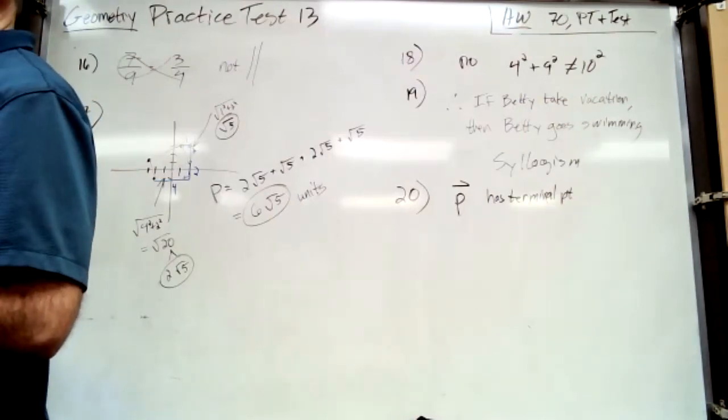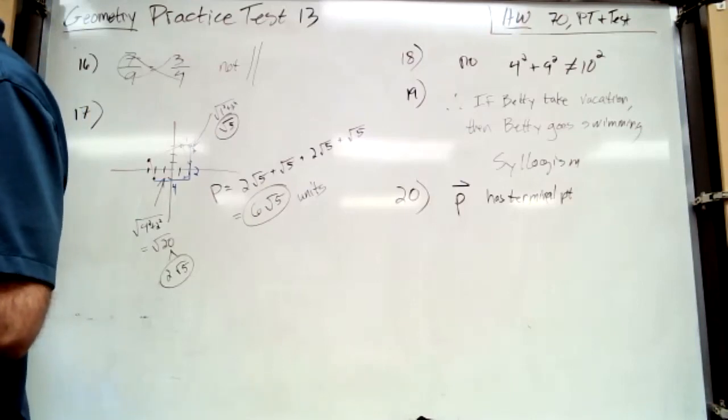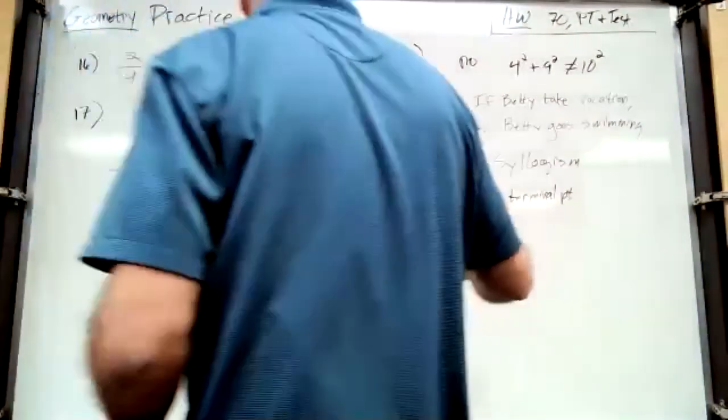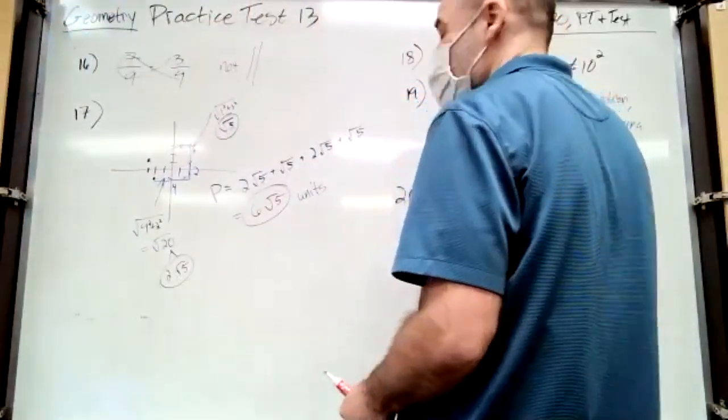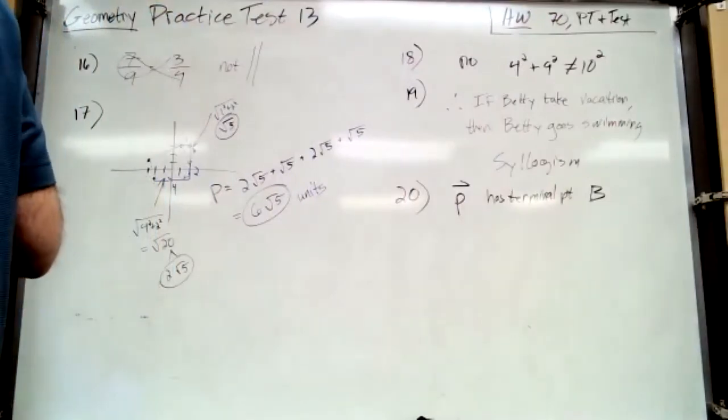I can't see this. Can you zoom in by chance? It's that top one there. It's just B. Oh, point B. So where it ends. So the initial point is A, but the terminal point is B.